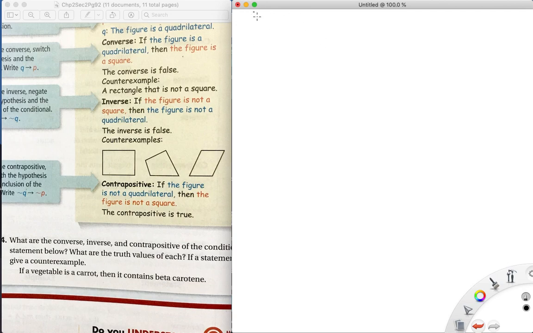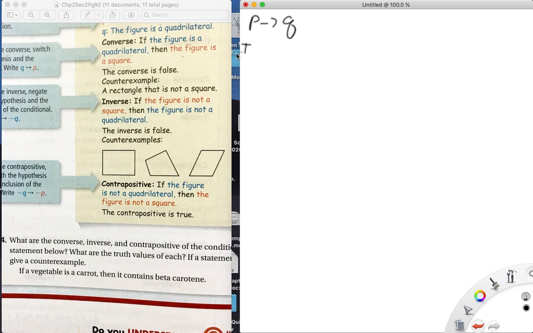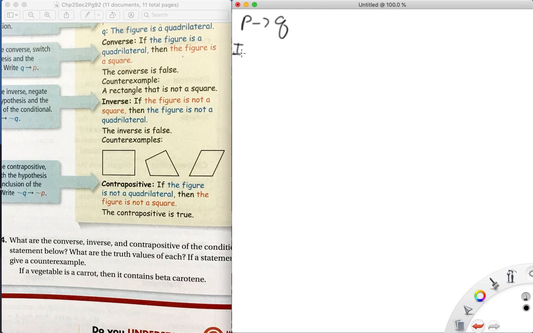Here's my conditional, if P then Q, and my statement is: if a vegetable is a carrot, then it contains beta carotene.